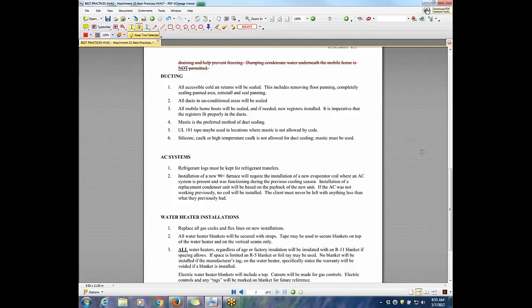So silicone caulk or high temperature caulk is not allowed for duct sealing. Mastic must be used. I disagree with this, and I always have. The reason that got put in there is because early on, me and Gary Spangenberg were out doing some monitoring, and we came across a job where someone had used red RTV silicone to seal the ductwork.